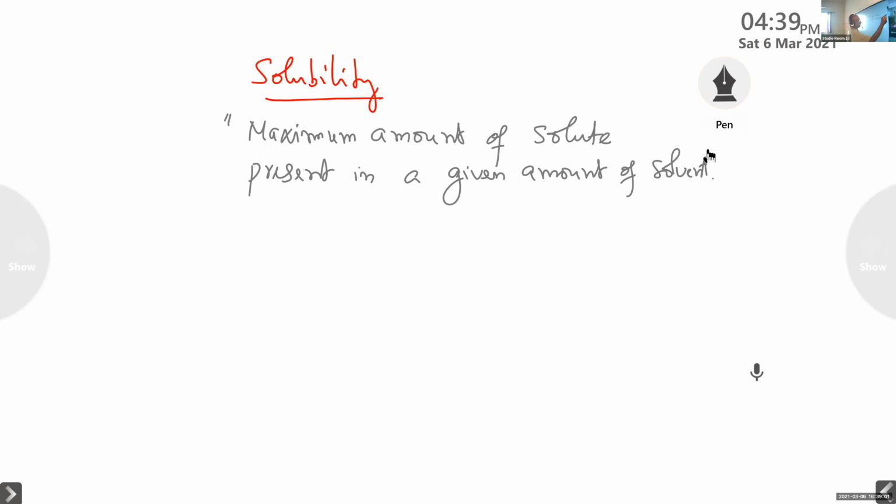That is called solubility. The maximum amount of the solute that can dissolve in a given amount of the solvent.